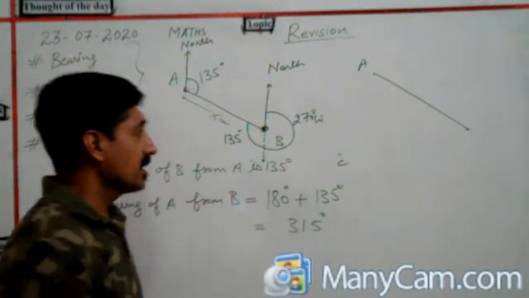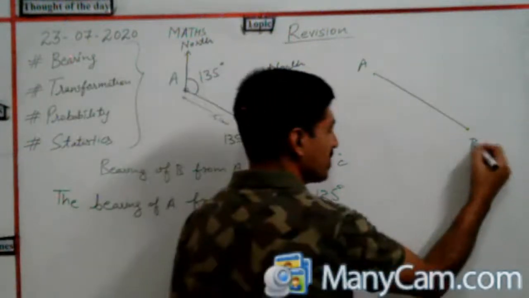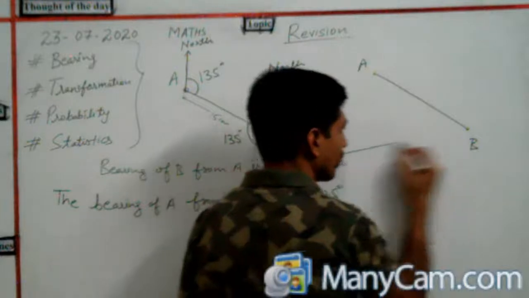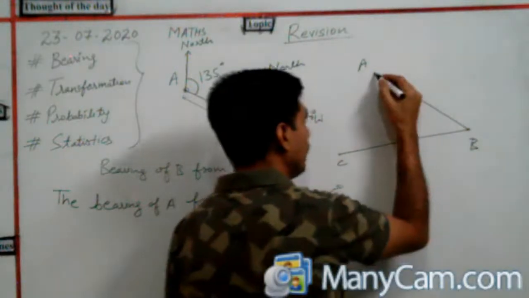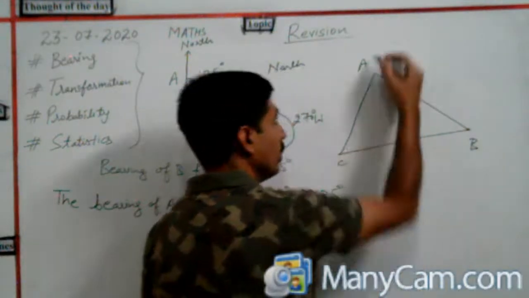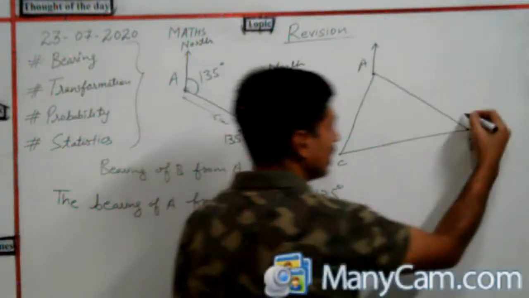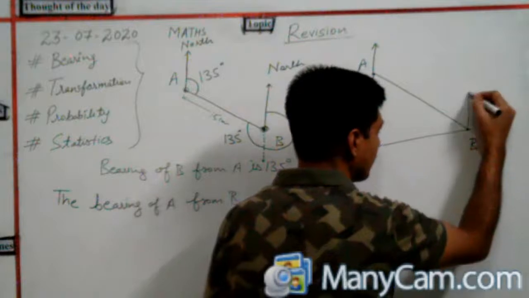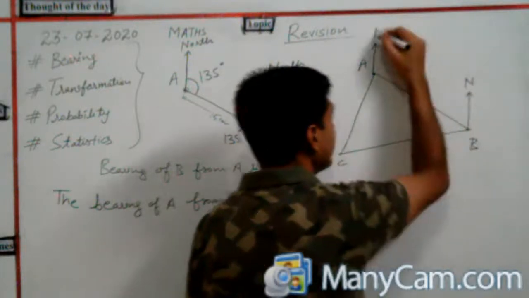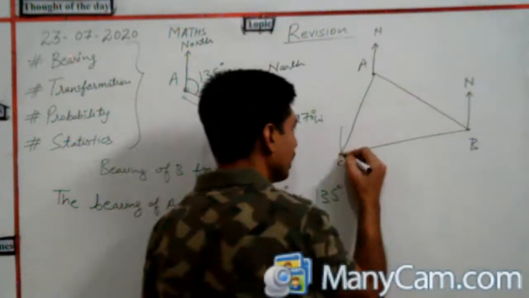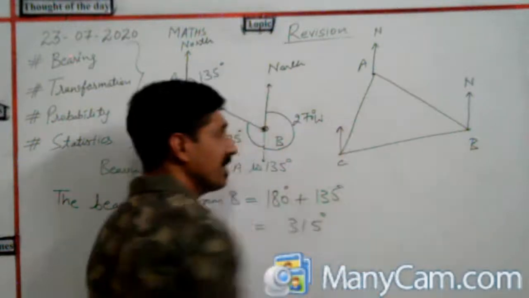Sometimes the BC direction is given. For bearing, we know the directions. We will start with A, B and C with the north directions, and these are all parallel to each other, and with the help of bearing.